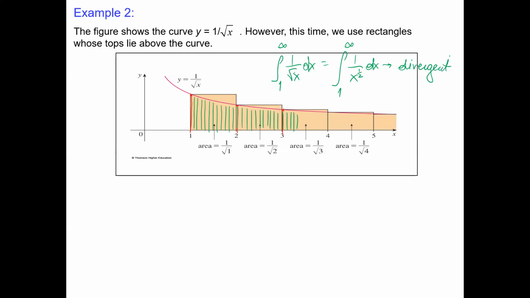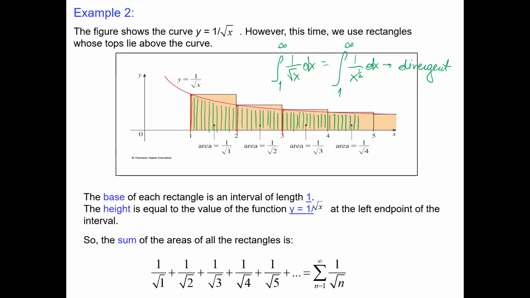Okay, that's what we can say. The green area, divergent means huge in this case. It's expanding to infinity. And our rectangles, meaning our infinite summation, our infinite series, is even greater than that infinity, if I can say this informally. Then we're proving that this is definitely divergent.